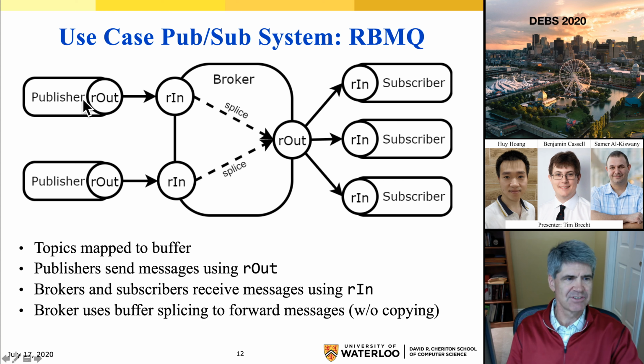Publishers send messages using ROut by connecting to RIn objects on other hosts. And then the broker splices data into this output buffer, and splicing is explained in the paper. The output buffer then can be used to transfer data further to the subscribers.